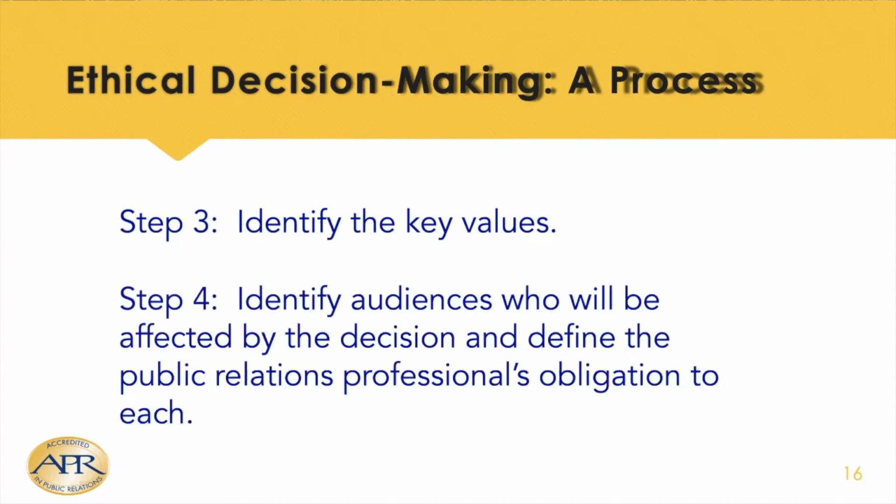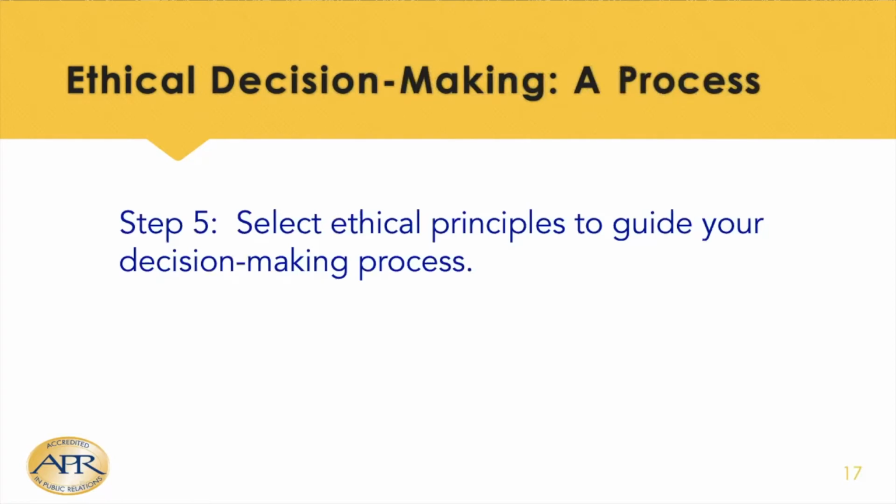Of course, from a communication perspective, we're always going to look at who the audiences are who will be affected by our decision, and what our obligation is to them, whether they're employees, customers, clients, or the community. How will they be affected by the decision we make? Fifth step, we're going to look at what kind of principles are going to guide our decision making.